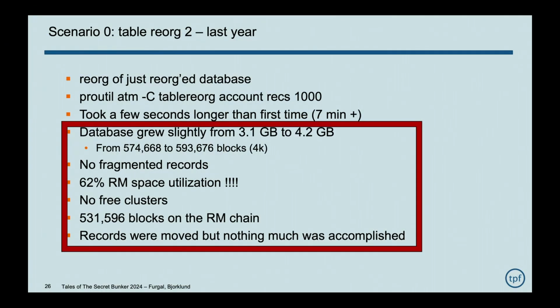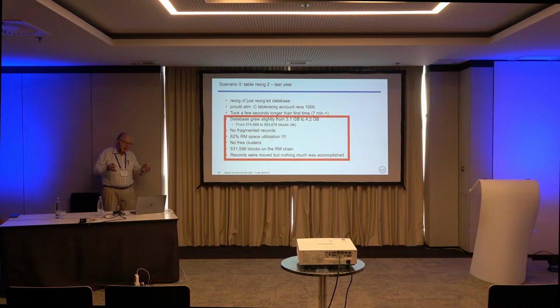Then the other thing is, if you reorg again on the same database, the one that you just reorged, you got this result last year, which is also not correct, or not what we expected. Because again, you're reorganizing something that's already organized, so why is it working so hard and doing stuff when it doesn't need to?